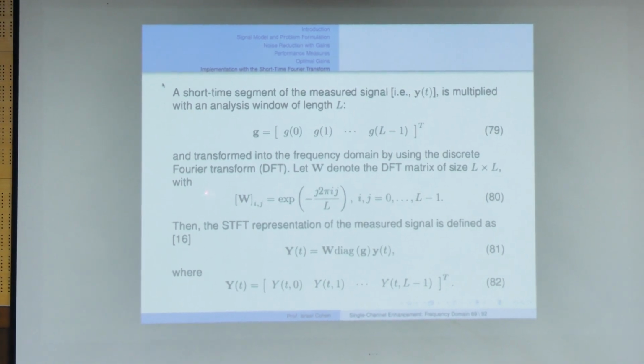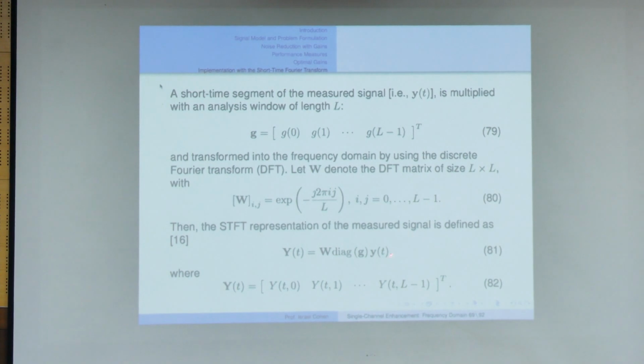Here, this is the matrix of the discrete Fourier transform, which we know. So what we do here, we take the vector of measurements of length L. We multiply each sample in this vector with the sample of the window. Okay? So we can write it as a diagonal matrix G that is multiplied with Y. So we have here only L multiplications.